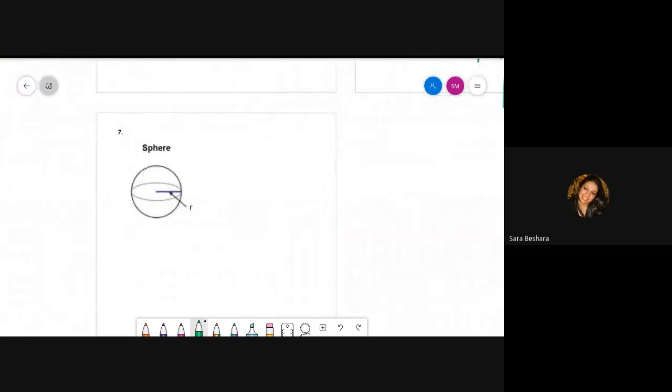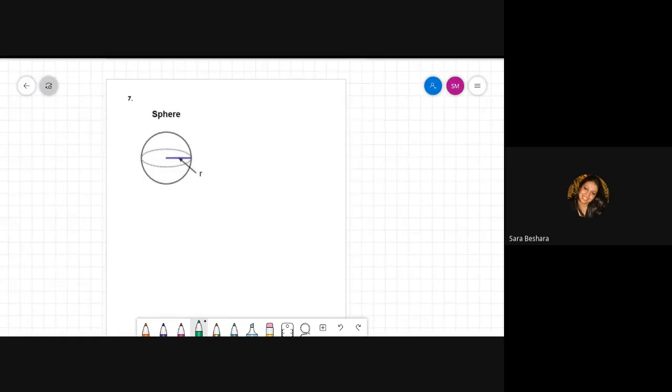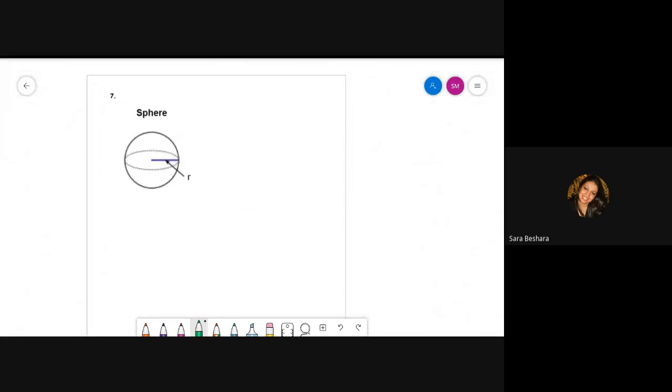All right. I lied. This is the last one, the sphere. The sphere is the simplest. Remember, the surface area of a sphere is nothing more than 4 times the area of a circle. So it's 4 pi r squared. If we say we have a sphere that has a radius equal to 6 inches, what's the surface area of the sphere?